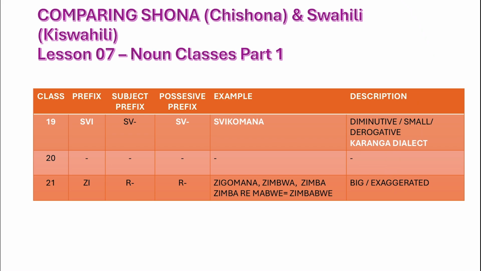Imba is a house, but when you say zimba, it means it's a big house. Zimba remabwe. It means the big house of stones, and it means Zimbabwe. So Zimbabwe is a big house of stones.